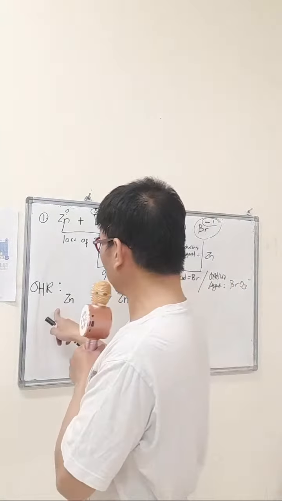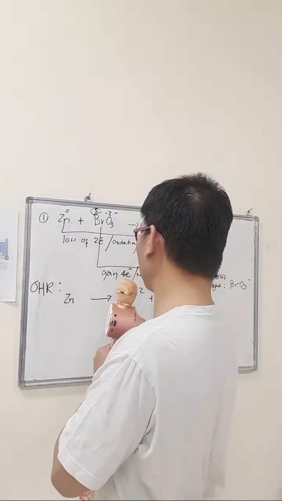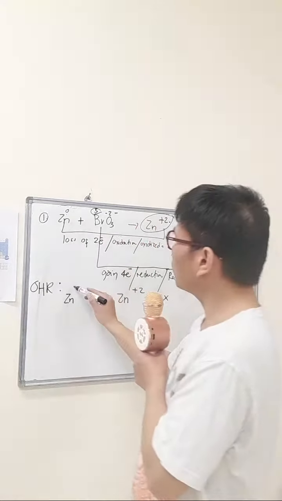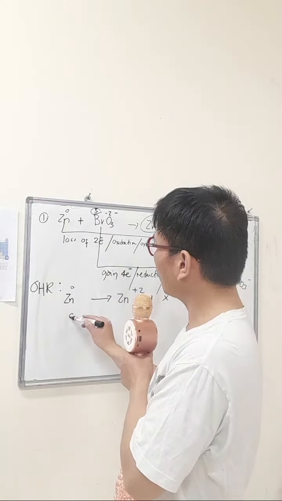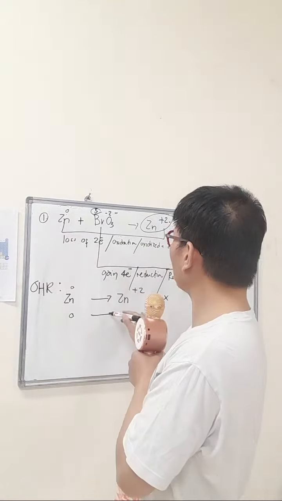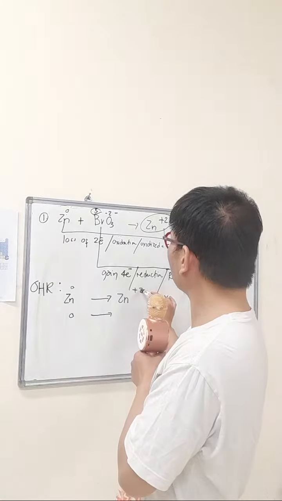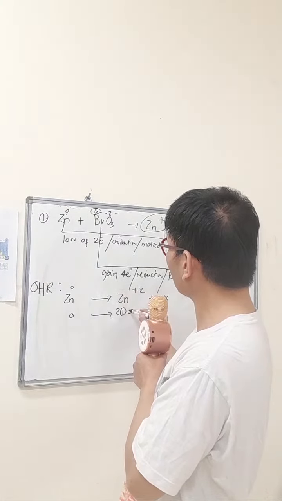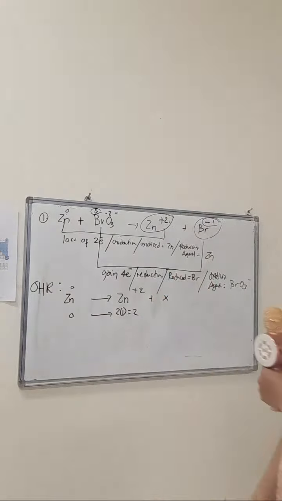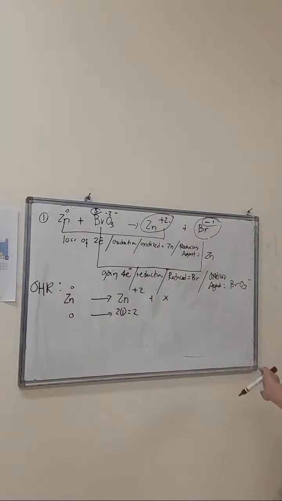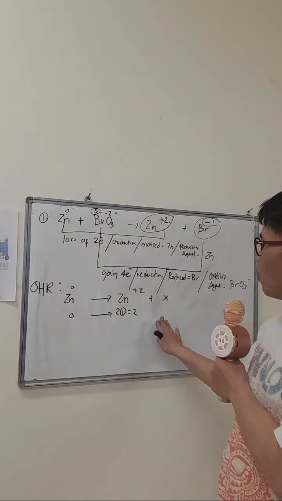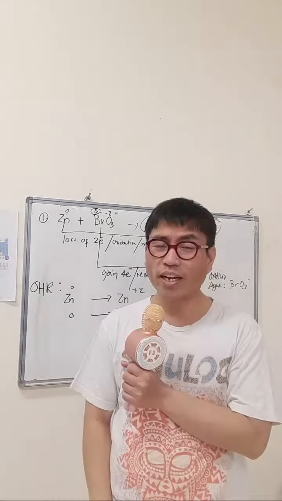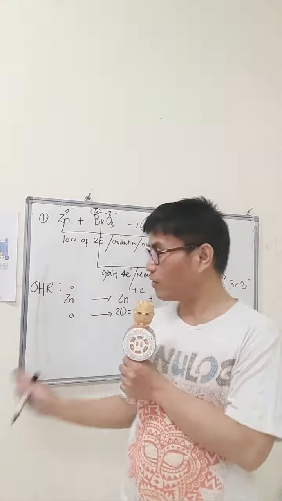One atom of zinc on the left and one atom of zinc on the right. So balance the charge. 0, because it's a free element, zinc, 0 is equal to positive 2 times 1. So 2 times 1 is equal to 2, right? Then what will you add beside 2 to produce 0? It's negative 2 electrons, so that it will be 0 on the right.